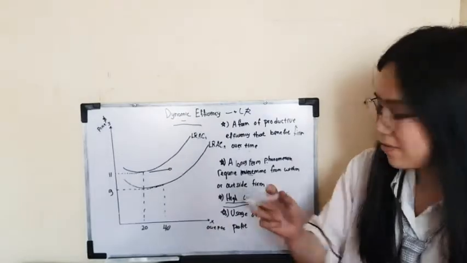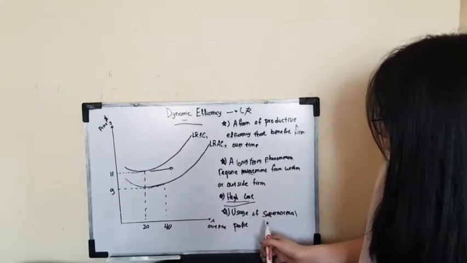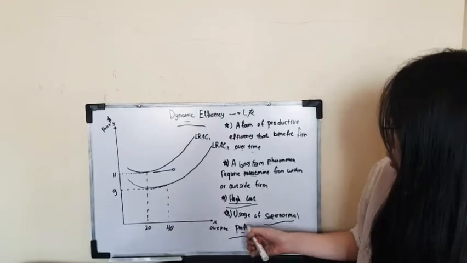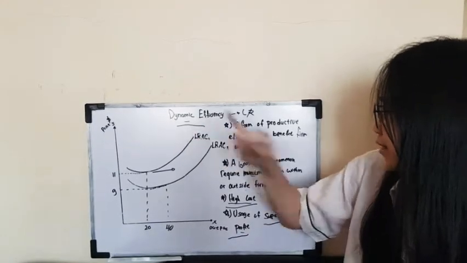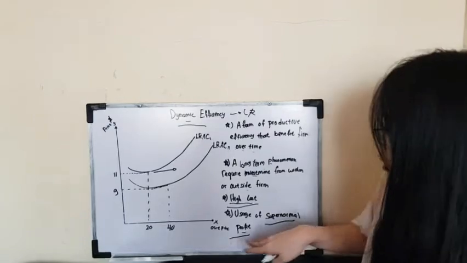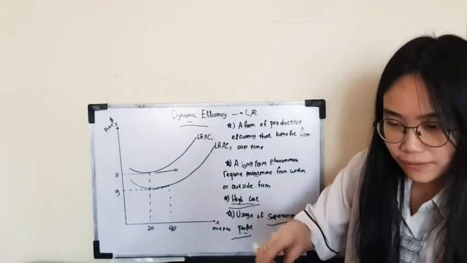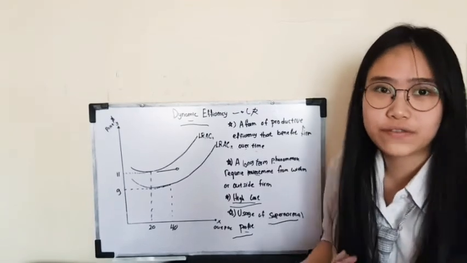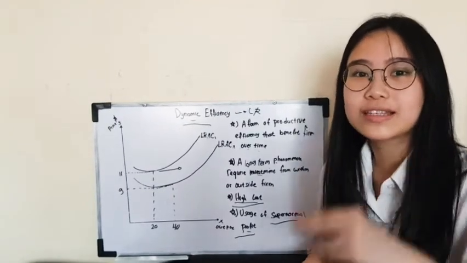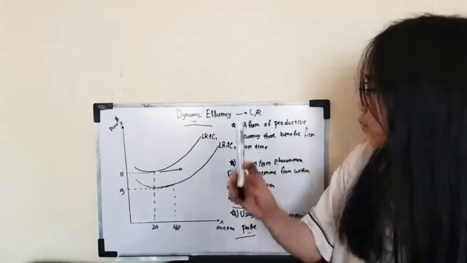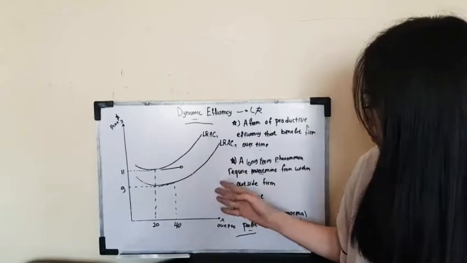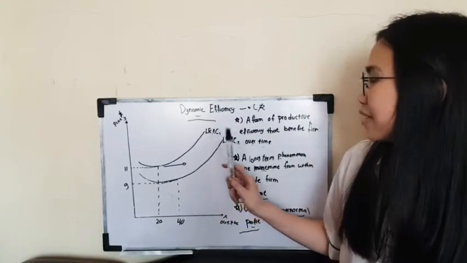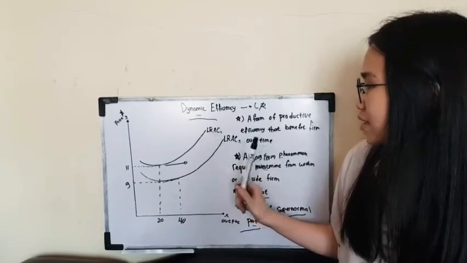But what kind of investment can we use? We can use our supernormal profit for our dynamic efficiency. We can use this supernormal profit to invest in research and development for new technology, for new machines, in order to increase our efficiency. It is why, when we see this diagram, it's a long run diagram, a long run average cost diagram.